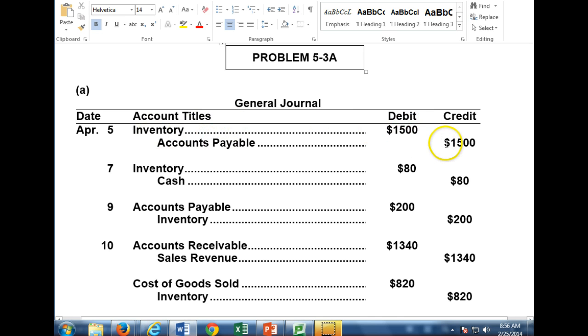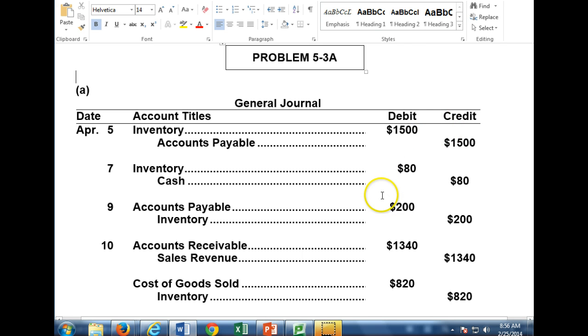Accounts payable is a credit for $1,500. What we're going to want to do now is find our inventory T account, and we're going to show April 5th a debit of $1,500, and then we're going to go to accounts payable and do a credit of $1,500.